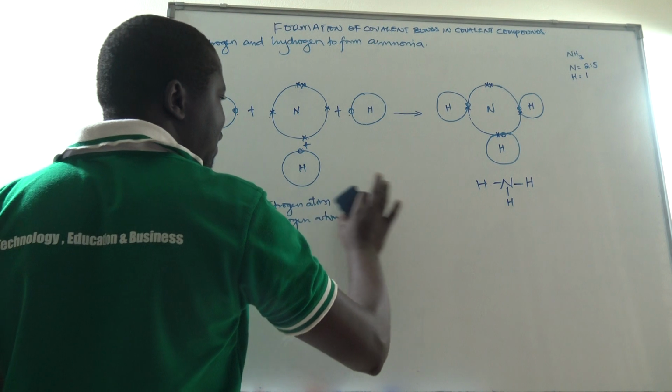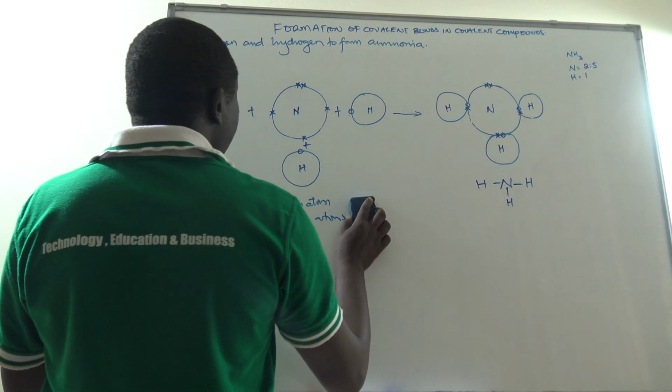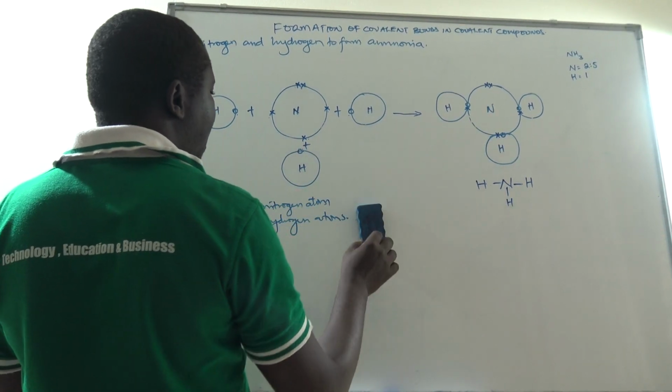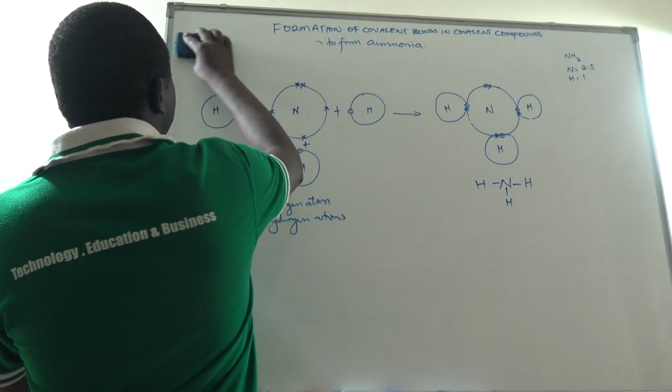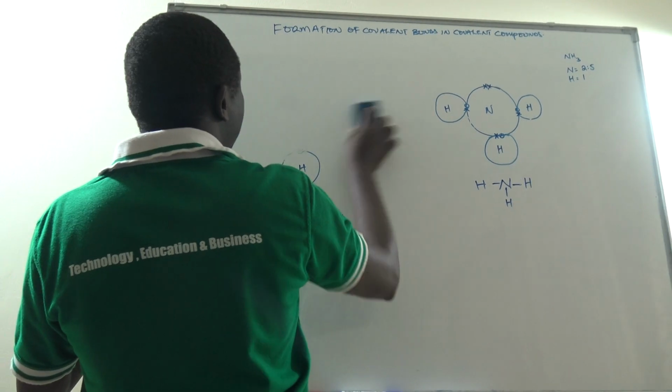So this space here may not be enough for our other example. So allow me to remove this one here, and then we create space for another example. So we are going to look at our last example possibly.